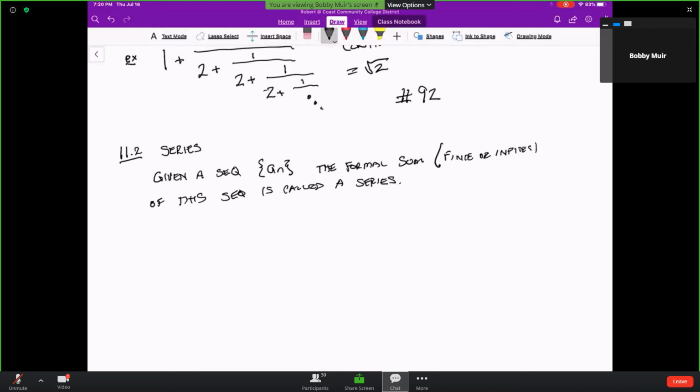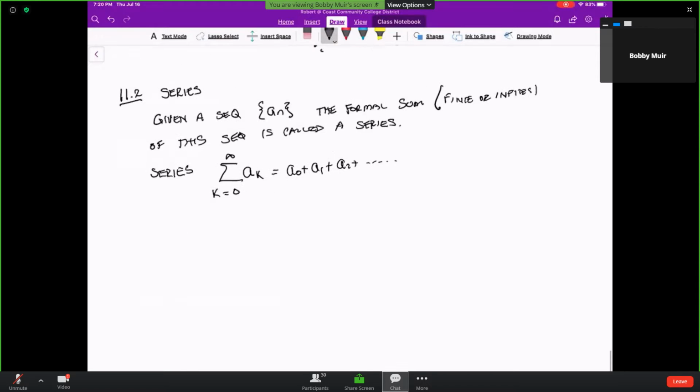So what we're talking about here is the series would be the sum, k equaling 0 up to infinity, of these a_k's. So what it is a_0 plus a_1 plus a_2 forever and ever and ever.